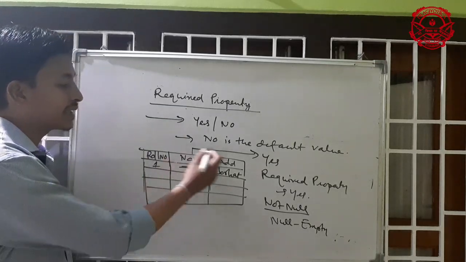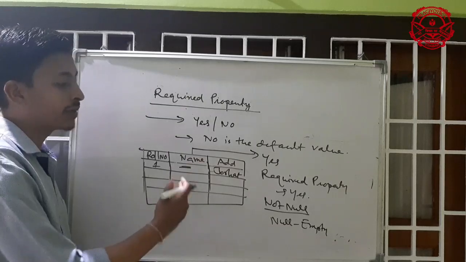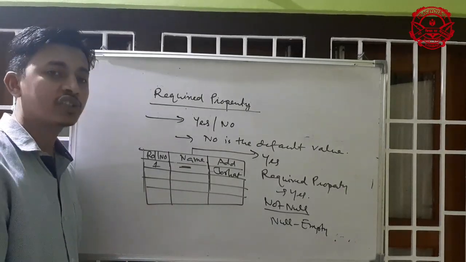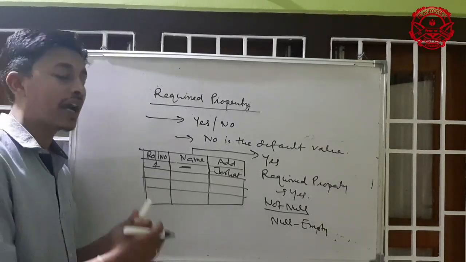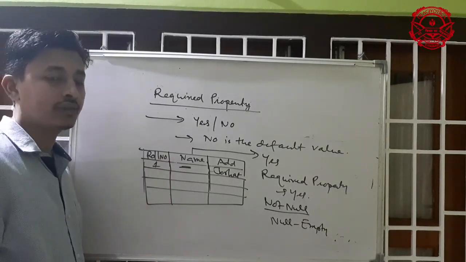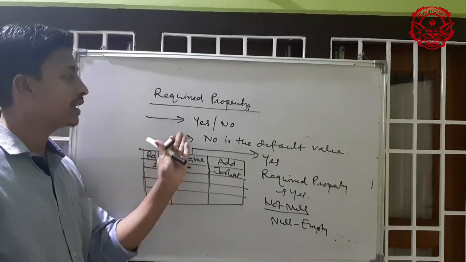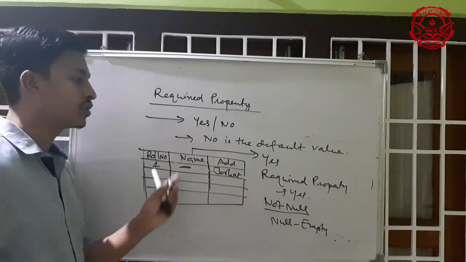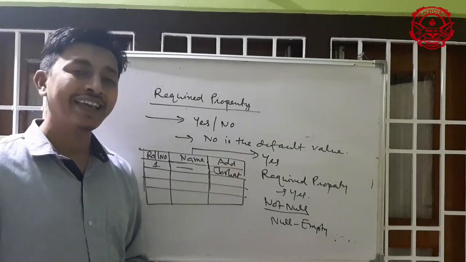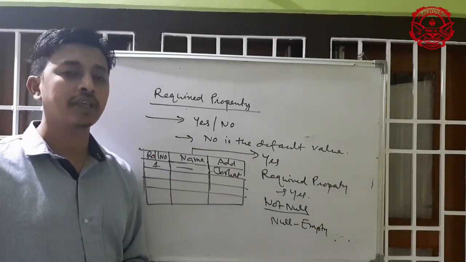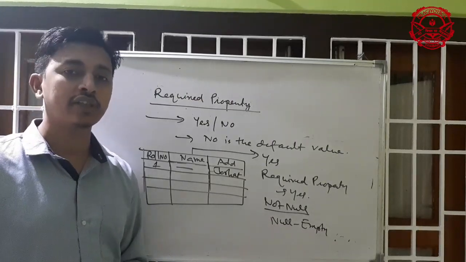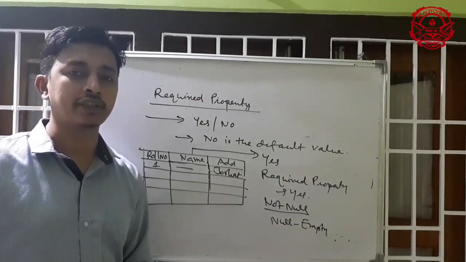When you apply this to the name field, it automatically gives a restriction to the user that it should have some value. So I am using name as a required property field. Select yes. By default it is no. In examinations it may come: what is the required property and what is the advantage of the required property.